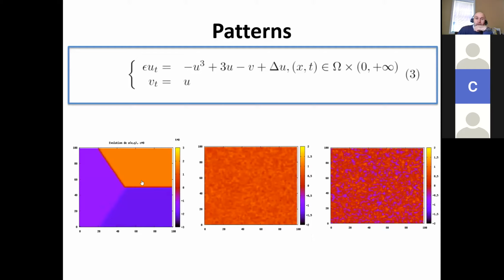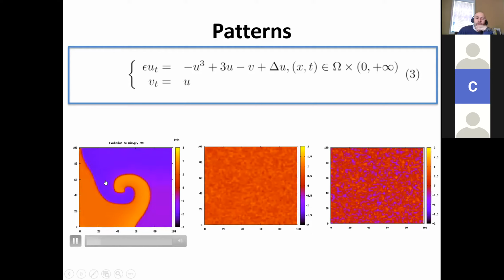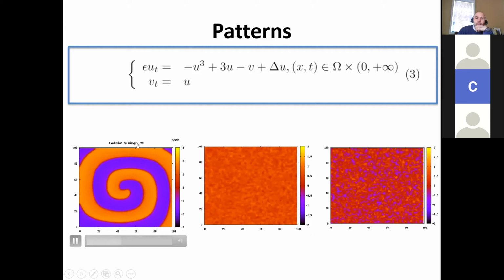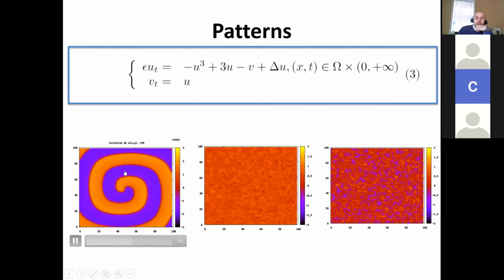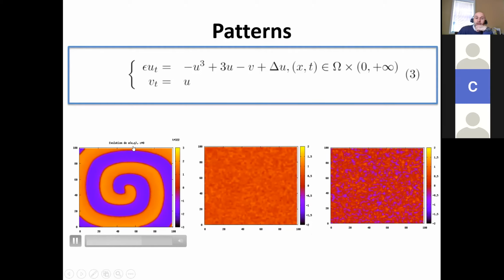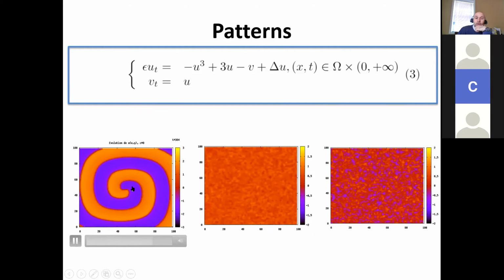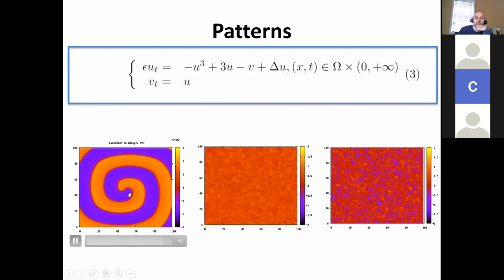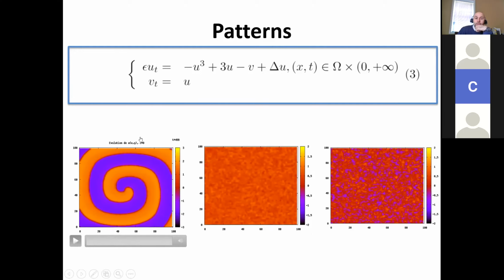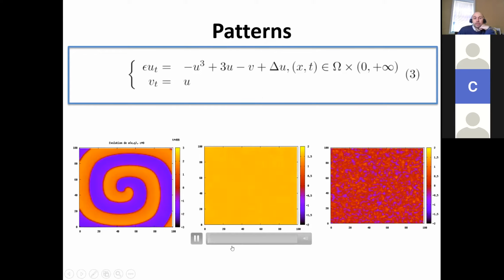So these patterns are solutions of this equation. This is from a specific initial condition. So here you can see u, the time is evolving, and you see u of x, y, and the color depends on the value of u. This is, again, the solution of the same equation, but with different initial condition.